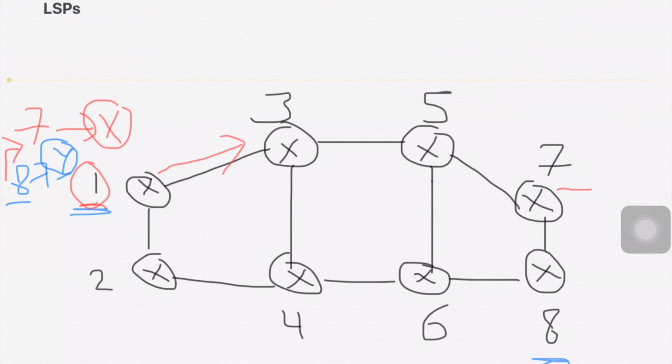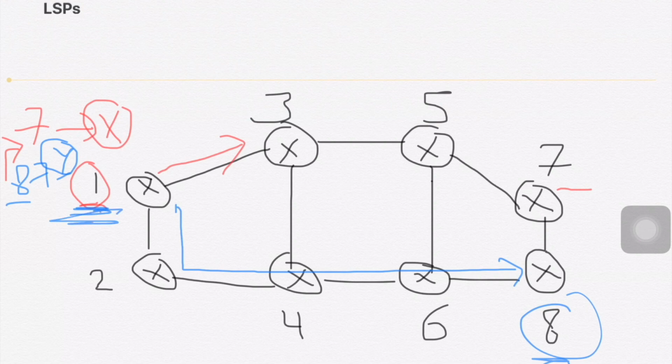The LSP for router 8 at router 1 will go to router 2, 4, 6, and 8. This is the LSP path from router 1 to router 2 to router 4 to router 6 to get to router 8. All packets sent out from router 1 will be labeled with label Y.